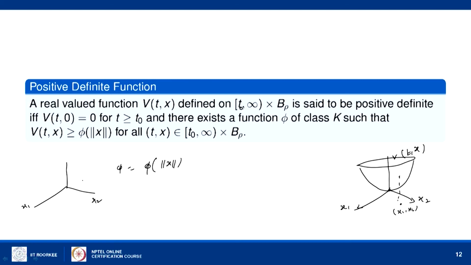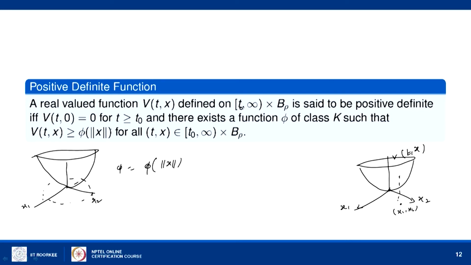That means, if norm of x is constant, if you take a circle of radius r, if norm of x equal to r, then the phi value for all these points will be the same. So, it means it will be a symmetric type of surface.